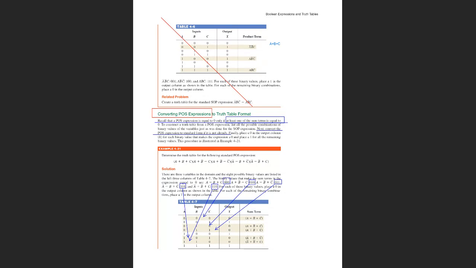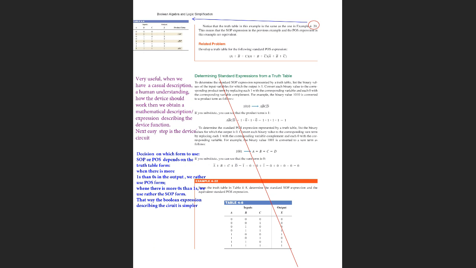So if in a certain position SOP appears as 1, POS appears in the rows in which output is 0. So they complement each other, but it's not a mathematical negation of each other.